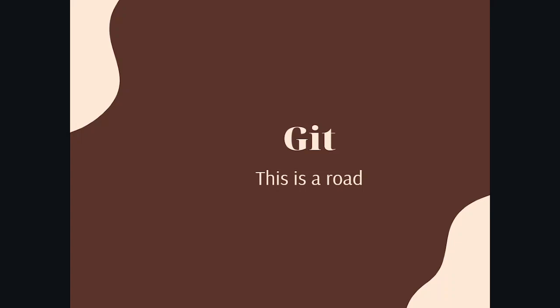Git is a version control, so it helps us maintain our code. For example, today I've coded the landing page where users usually come when they want to go to my project. Tomorrow I want to continue from the landing page, so I'll git add my code, commit and push it to GitHub. So tomorrow when I want to continue, it will tell me this is where you reached yesterday, or this is what you did.